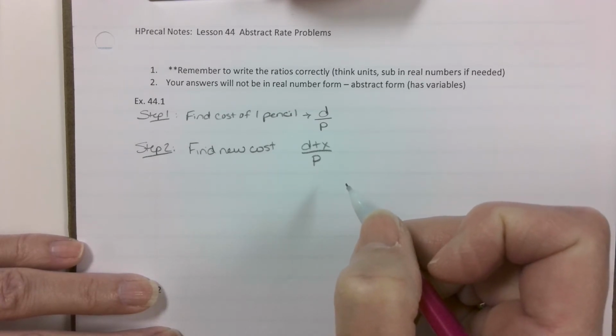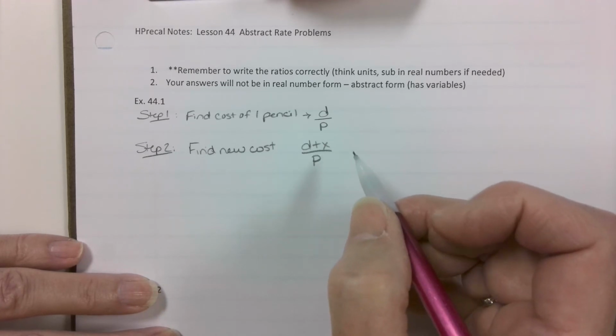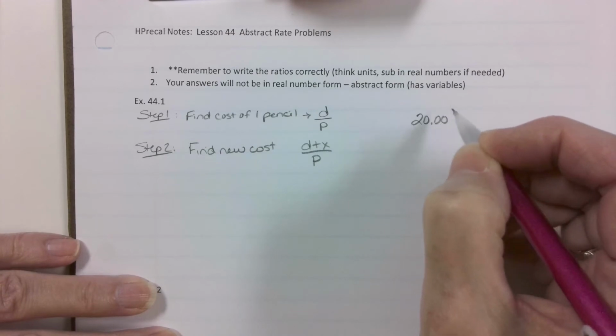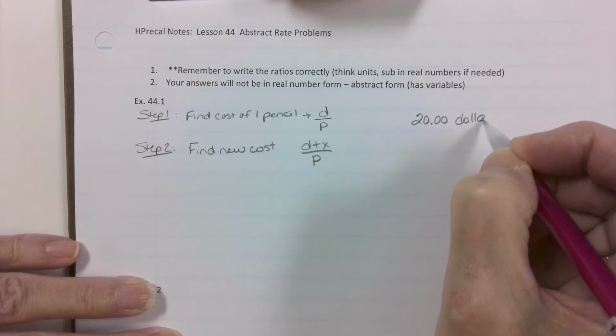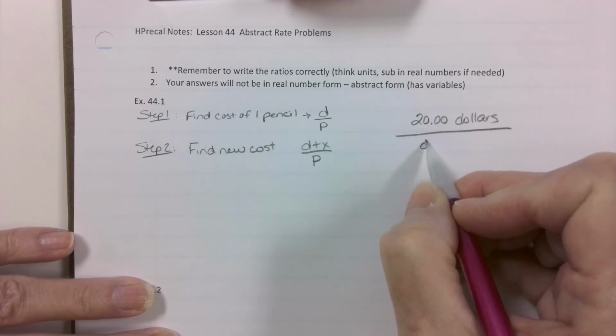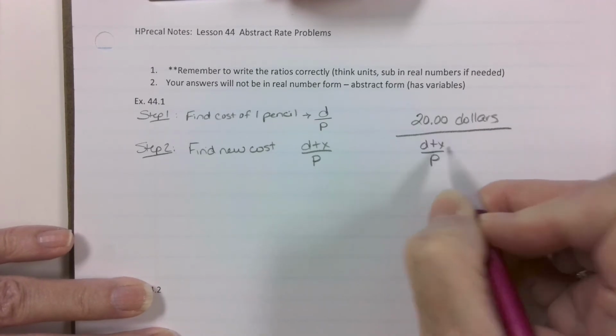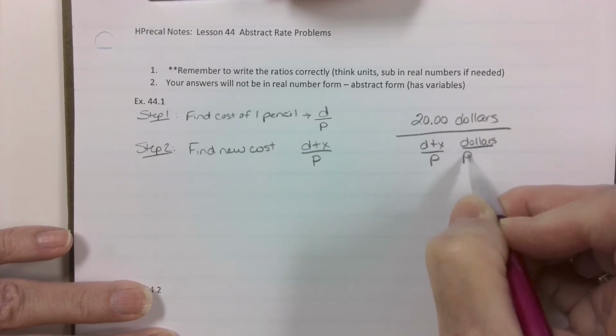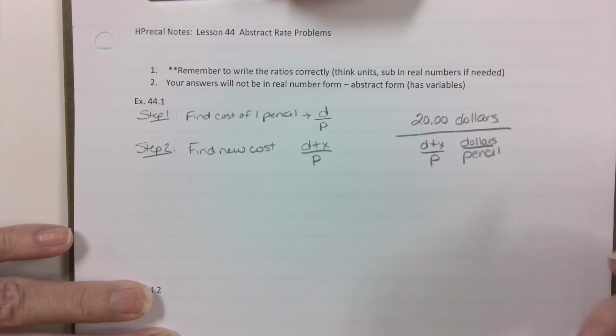It says how many pencils could he have purchased for $20? So you're going to do $20, this is dollars, right? And we're going to divide it by the price per pencil. So this is dollars per pencil, right?